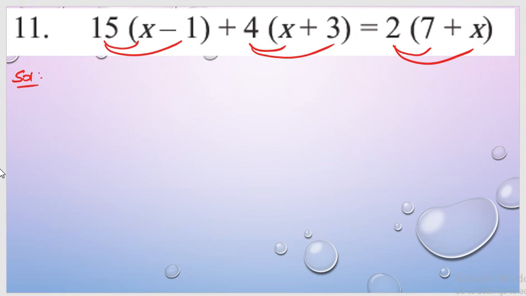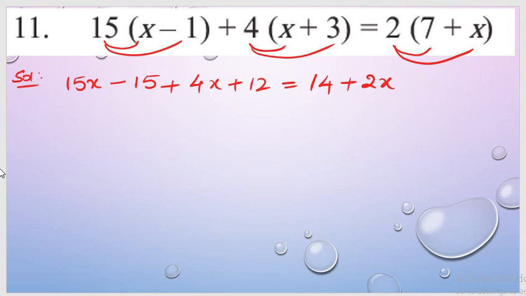Now what I am going to do? So 15 into x is nothing but 15x minus 15 into 1 is 15 plus 4 into x is nothing but 4x plus 4 into 3 is 12 is equal to 2 into 7. So it is nothing but 14 plus 2 into x is 2x.